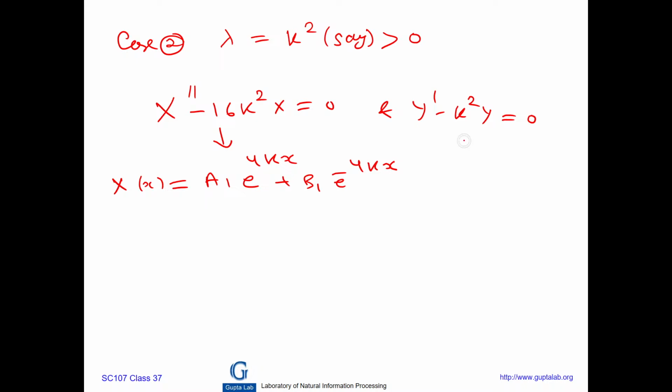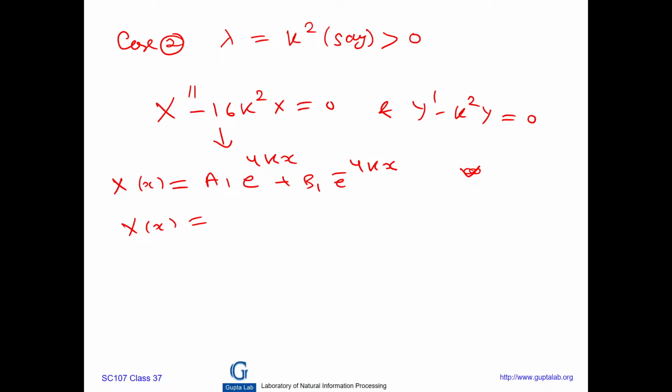In this case, this can be further simplified. You know that Euler's theorem says e raised to power i theta is equal to cos theta plus i sin theta. So using that formula you can find expressions of cos theta and sin theta in terms of exponentials. I hope you remember that.